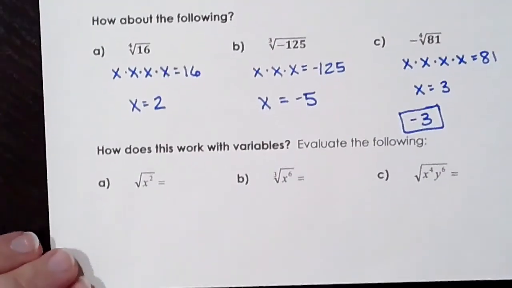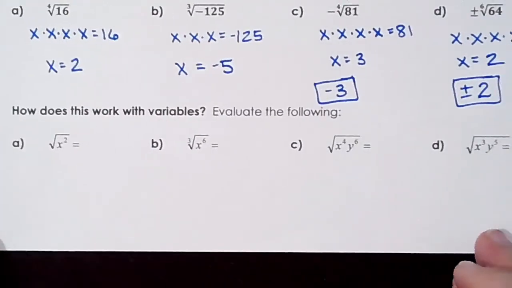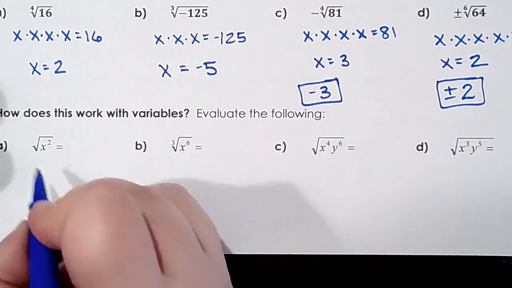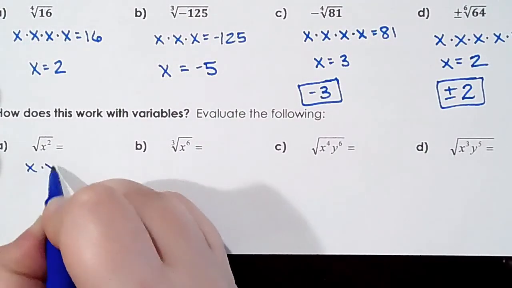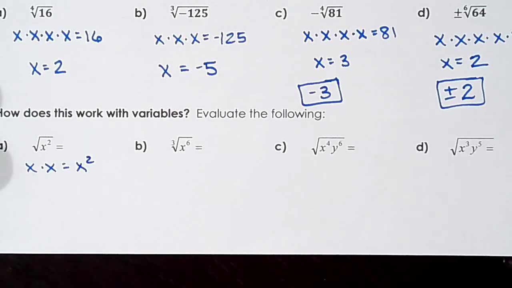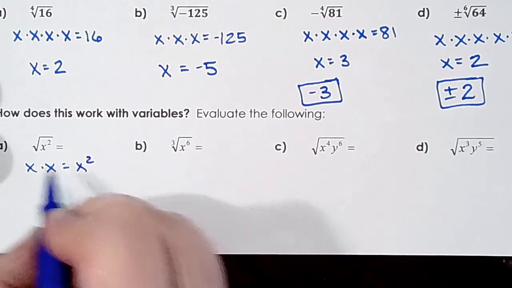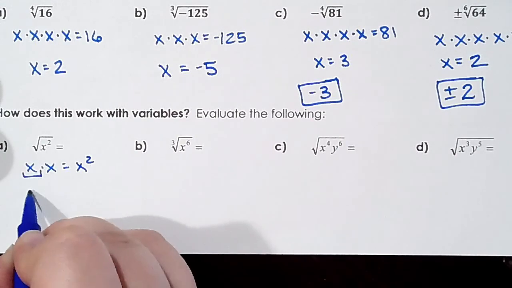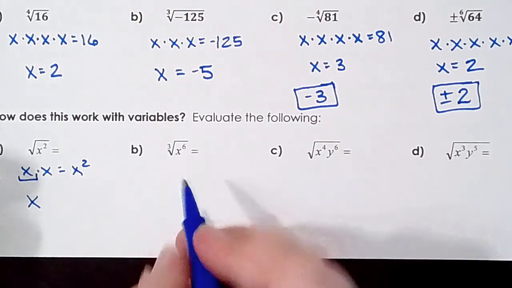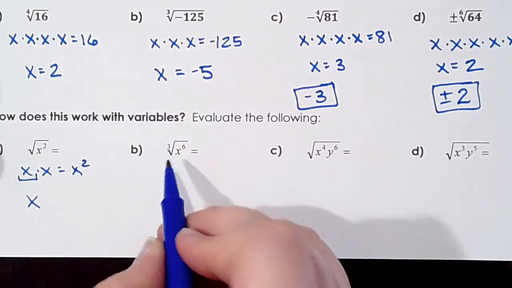So how does this work with variables then? We're pretty comfortable with numbers, but what about with variables? Same thing. You can still do the x method here, where you're taking x times x equals x squared. Well, that's true, so the answer must just be x. That's not a super hard one. However, same thing here.